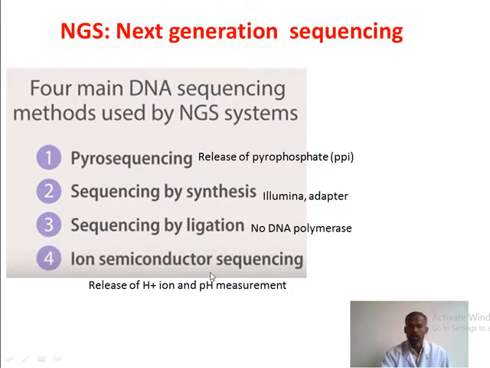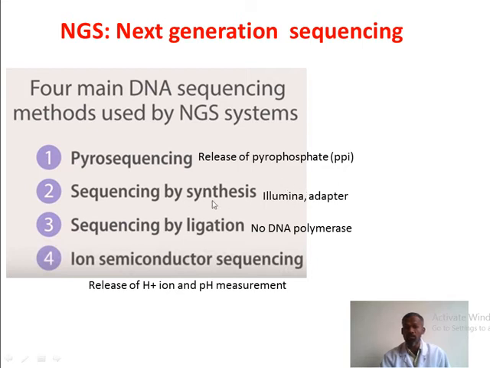Nowadays the next generation sequencing is an advancement of the dideoxy method. Pyrosequencing detects the release of pyrophosphate after the phosphodiester bond forms. Sequencing by synthesis is Illumina, where we add adapters, and this is very famous nowadays.